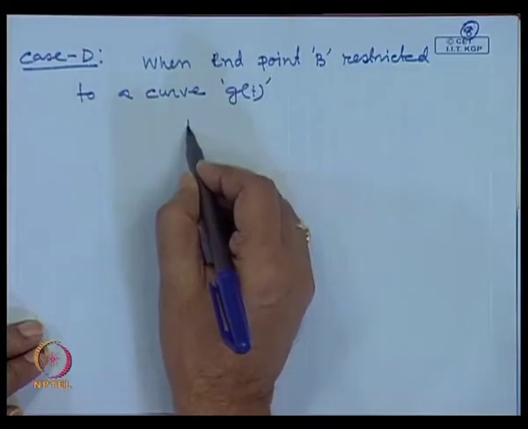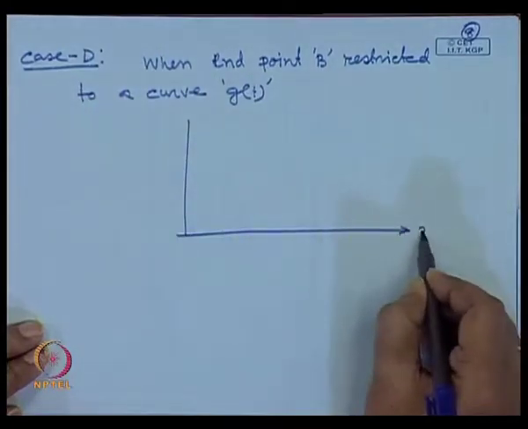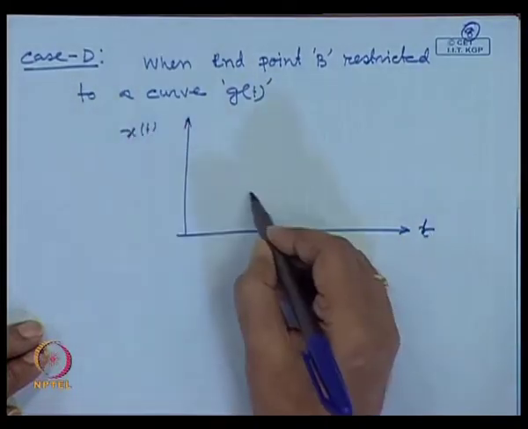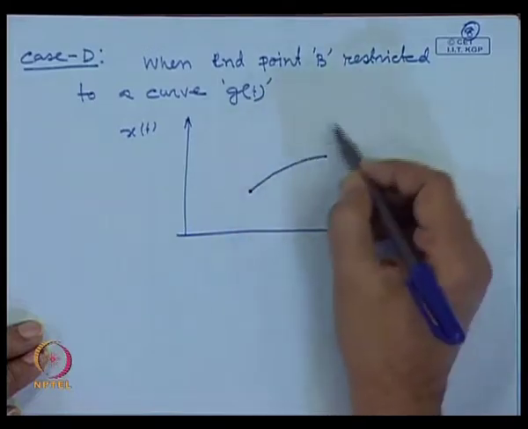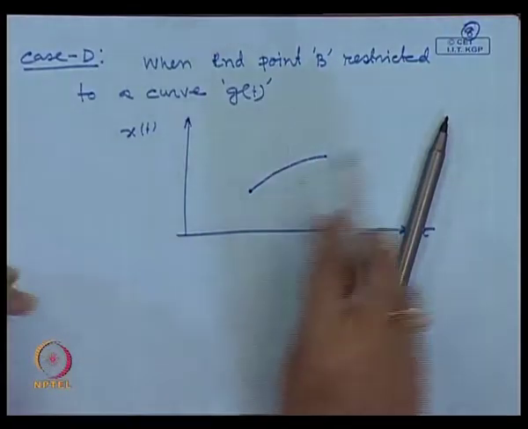The corresponding diagram: this is t, this is x of t, and this is our curve g of t.